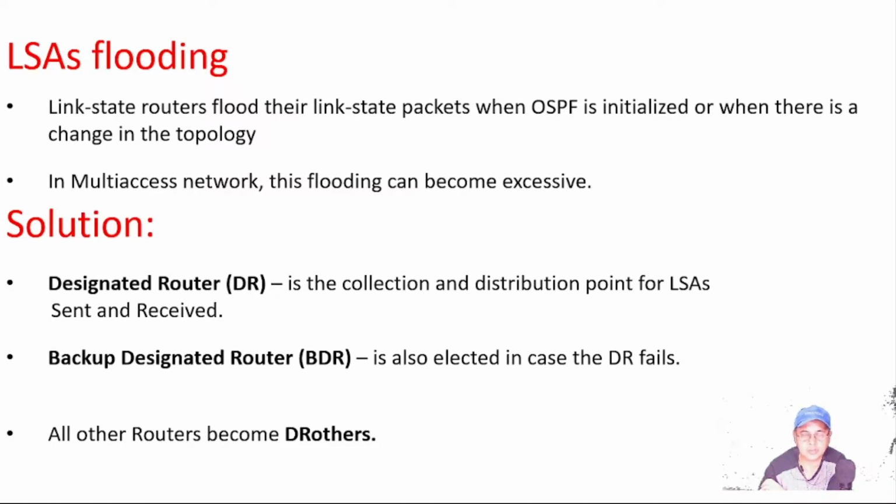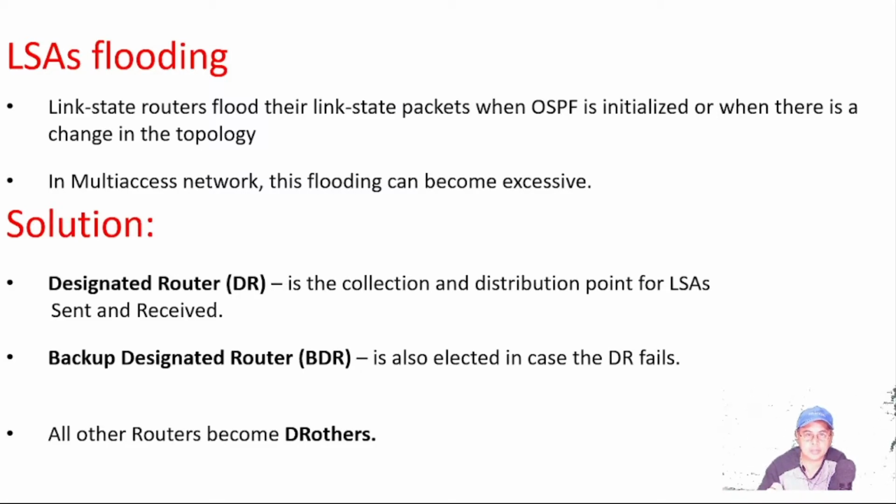So the solution for this is to elect a designated router, or the DR, which is a central collection and distribution point for LSAs that will send and receive the link state advertisements.